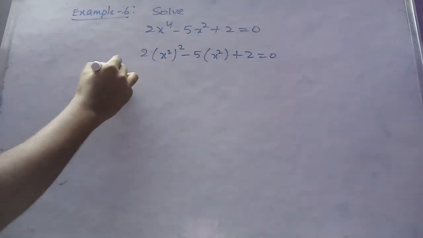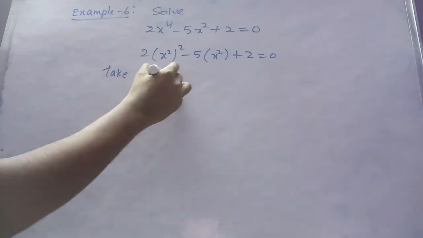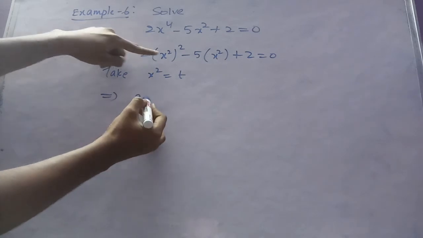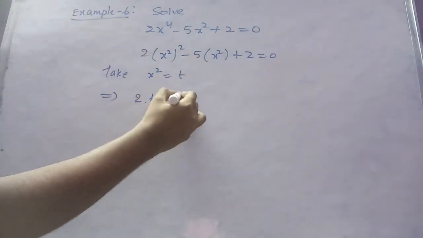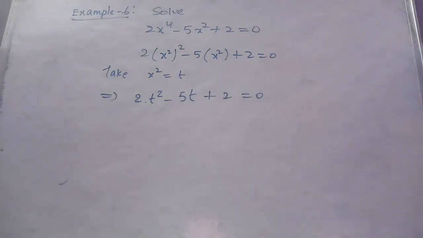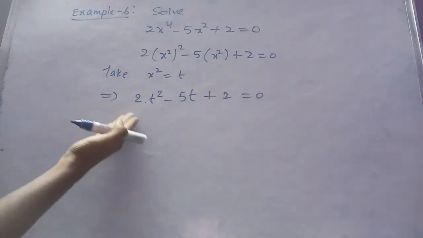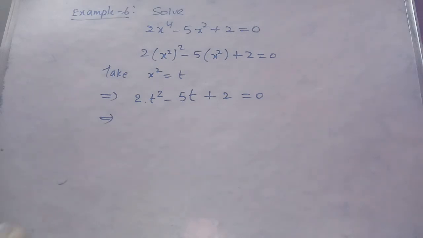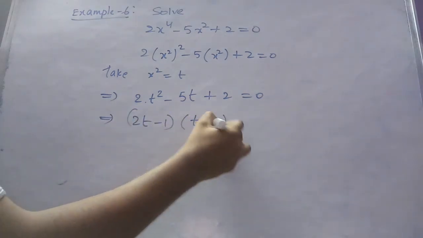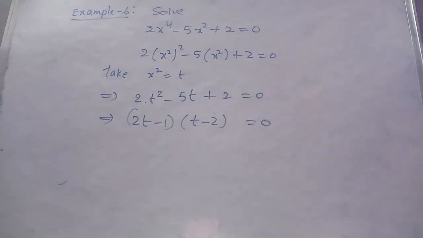Now you can take x square equal to t. So then what happens to the equation? 2 into t square minus 5 into t plus 2 equal to 0. And you know how to factorize this. This is a quadratic equation. Factorize it. You will get 2t minus 1 into t minus 2 equal to 0.